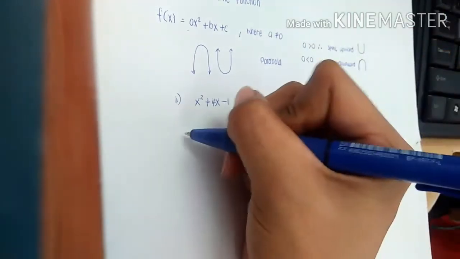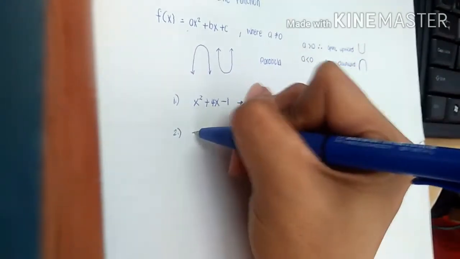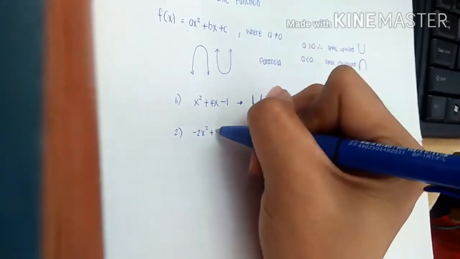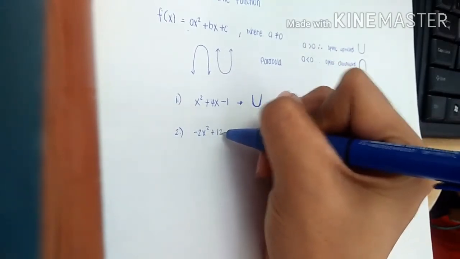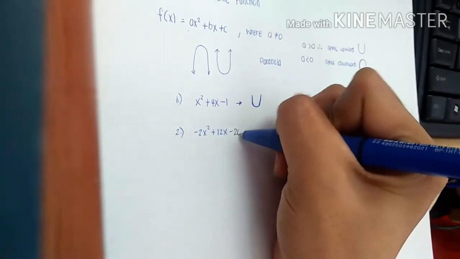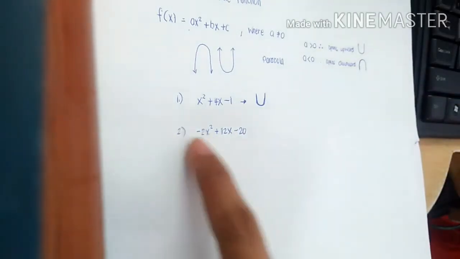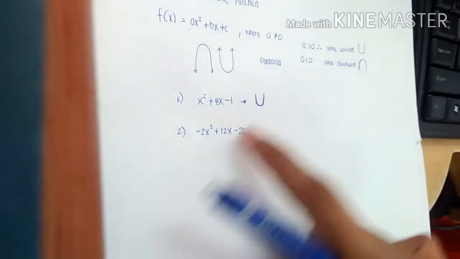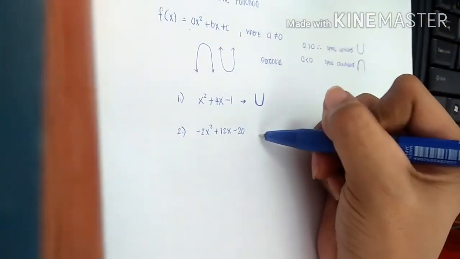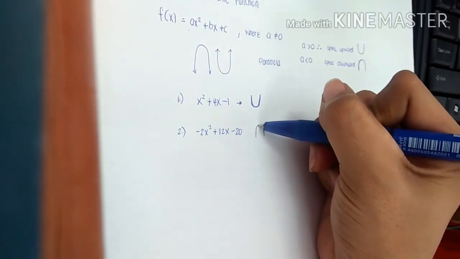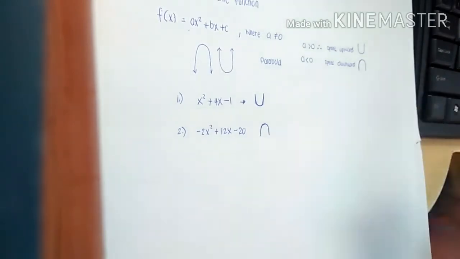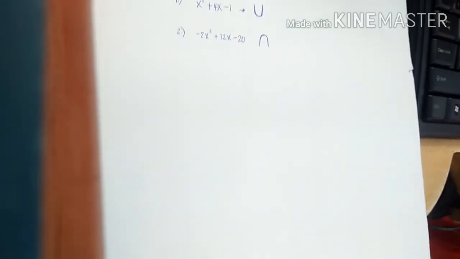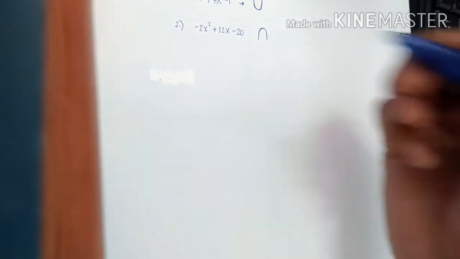Okay, what about this one? It's negative, so it's less than 0. So the parabola opens downward. Okay, you got it?